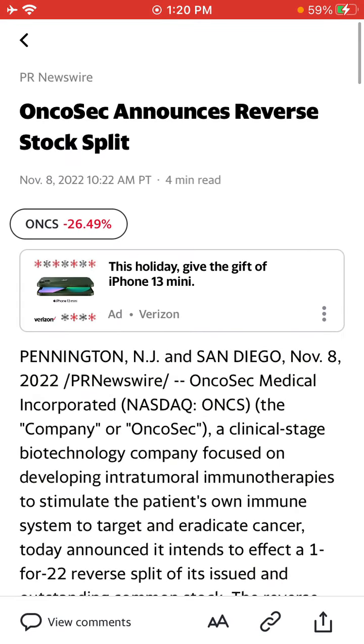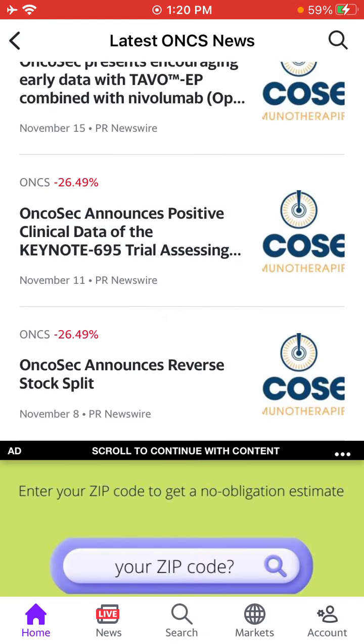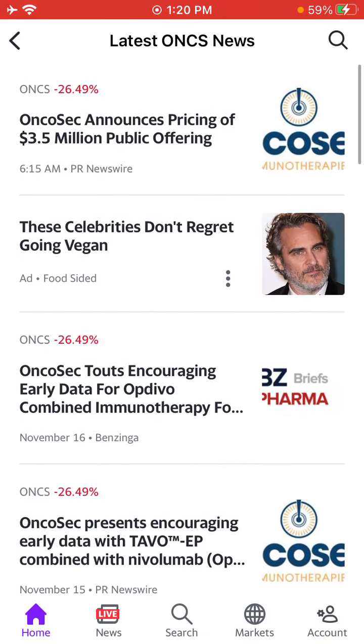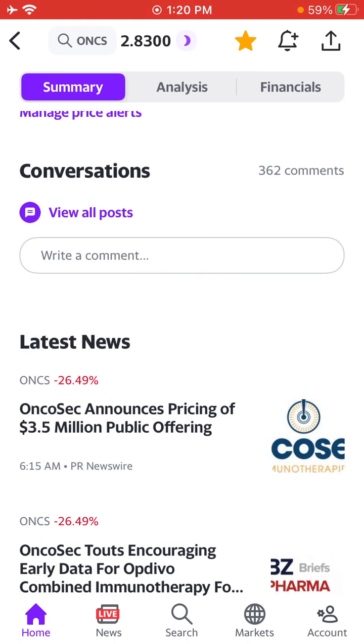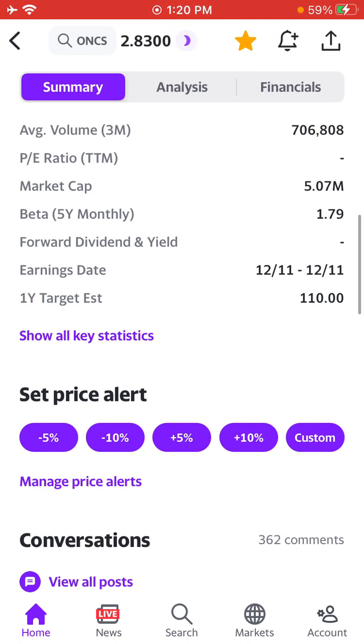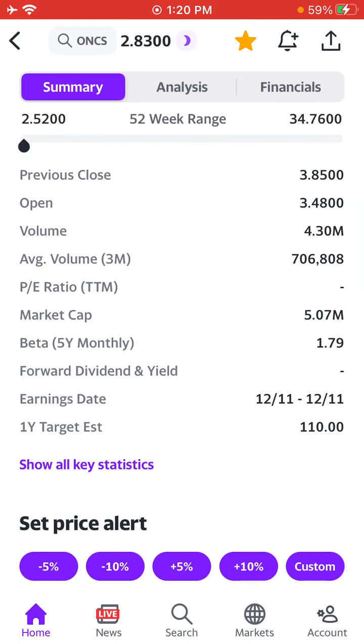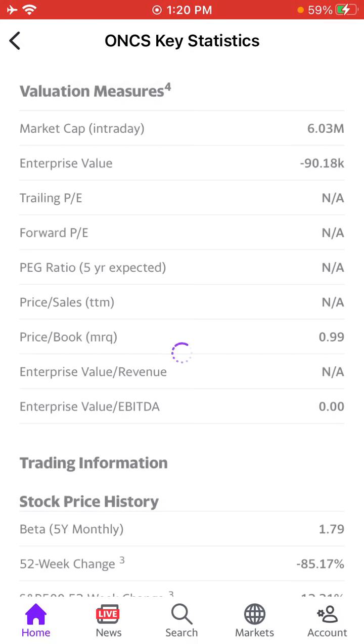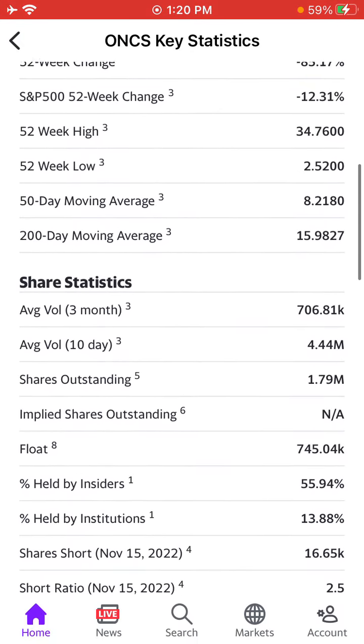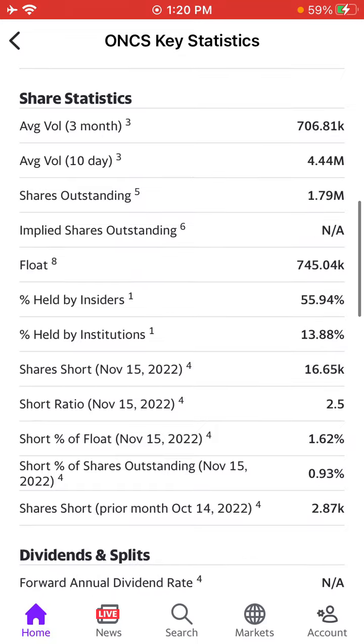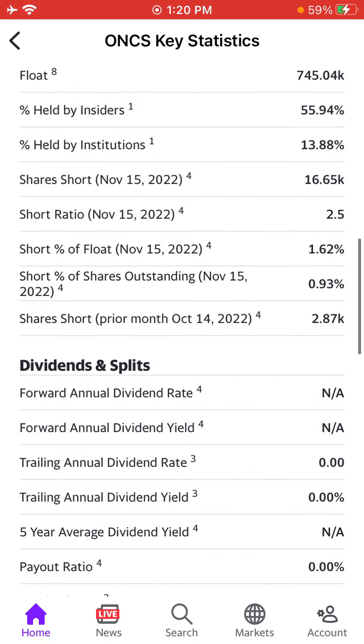And so in this case, maybe Yahoo did give the accurate float, but sometimes it's not always accurate. So if I go back here, in share statistics, it's showing that the float is 700 and it's under a million.